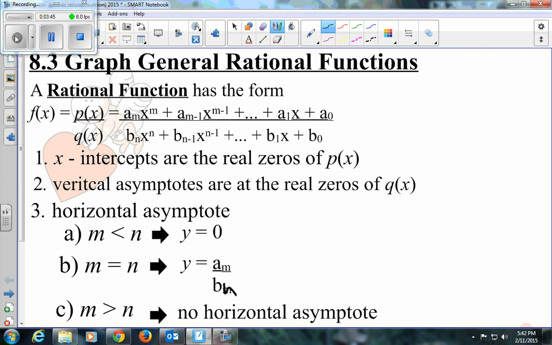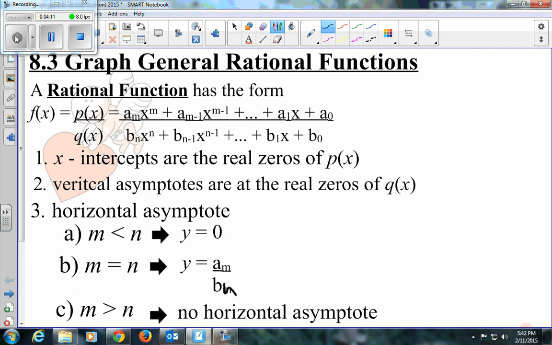That will be my horizontal asymptote. Now, if it happens, the case C here, that the degree of the top polynomial is more than the degree of the bottom polynomial, then there will be no horizontal asymptote. So those are the things that we're going to look at in graphing these.